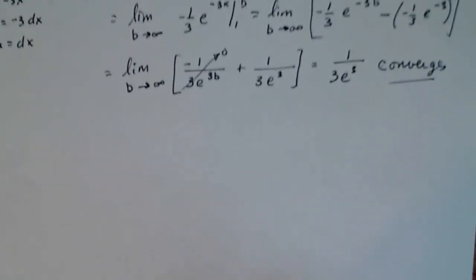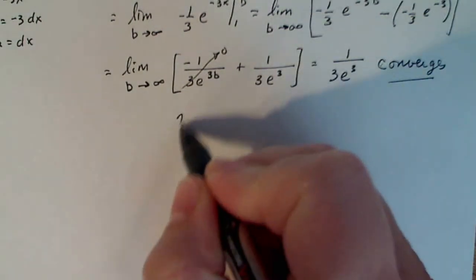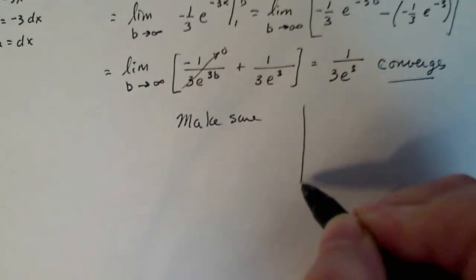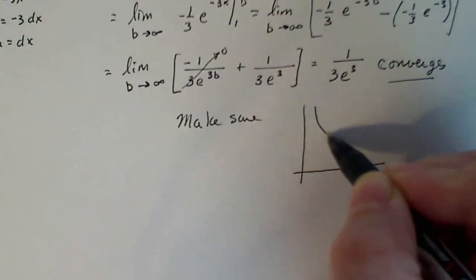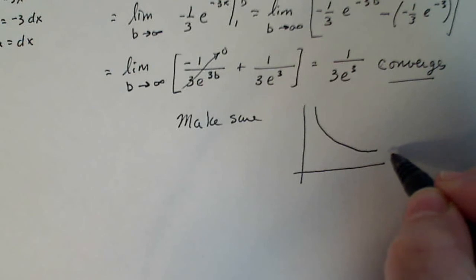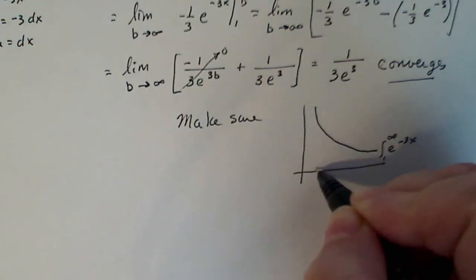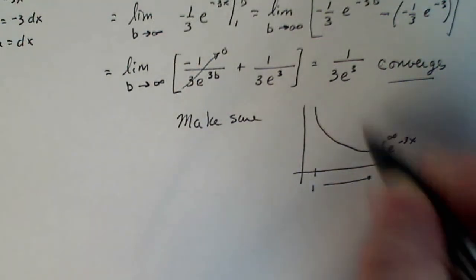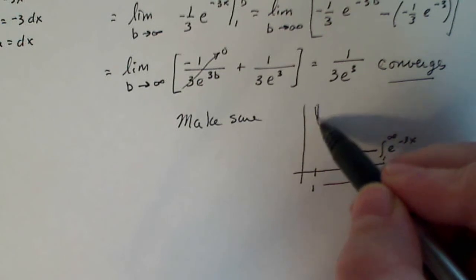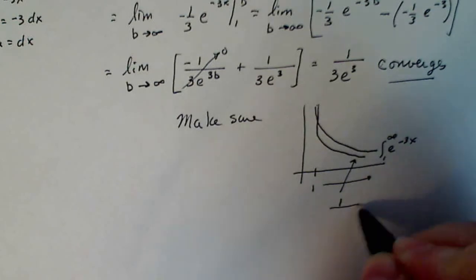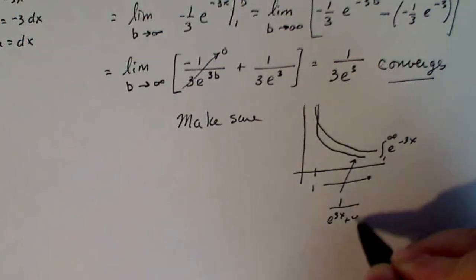So I have to make sure that when I graph these, this is the one that I calculated was convergent from 1 to infinity. So I need to make sure the other one is somewhere below it. This has got to be 1 over e to the 3x plus 4 in order for this to work.